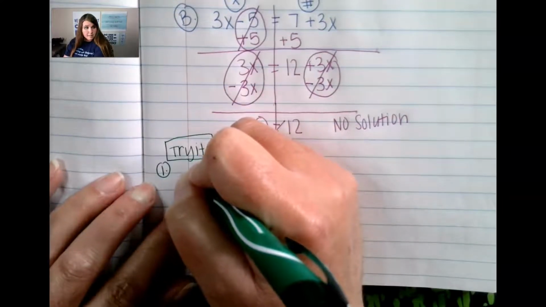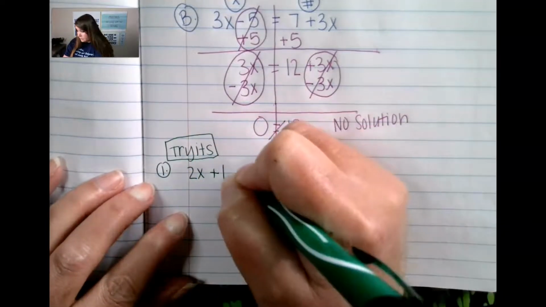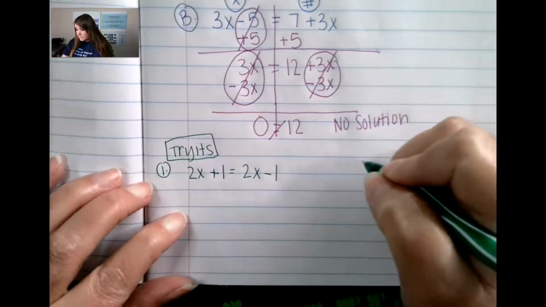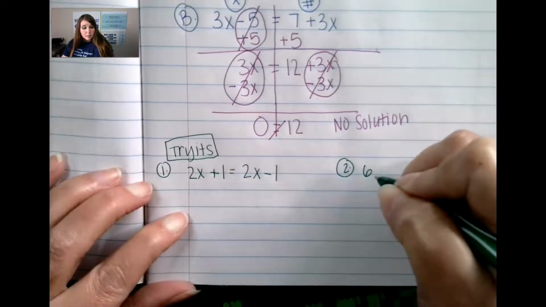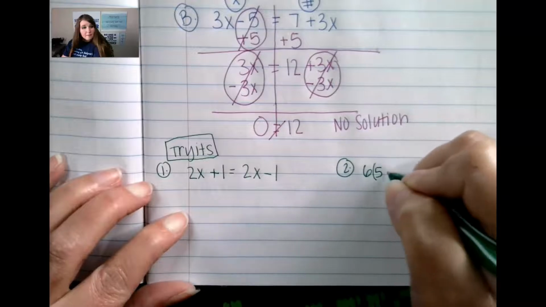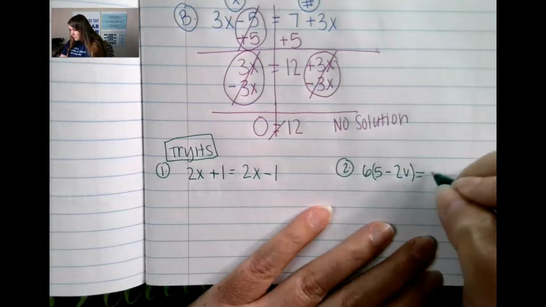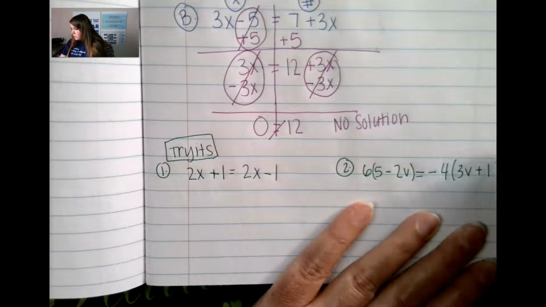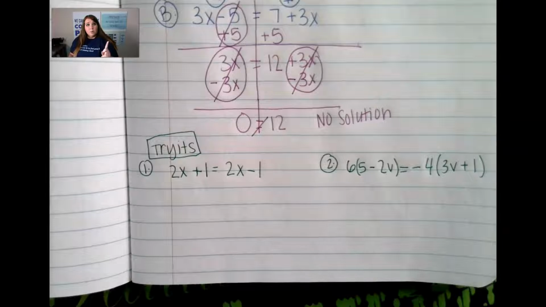Try-it number 1 says 2x plus 1 equals 2x minus 1. Try-it number 2, we're going to use the distributive property. It says 6 groups of 5 minus 2v equals negative 4 groups of 3v plus 1. Go ahead and hit pause right now so you can solve, and then tell me, does it have one solution or no solution?